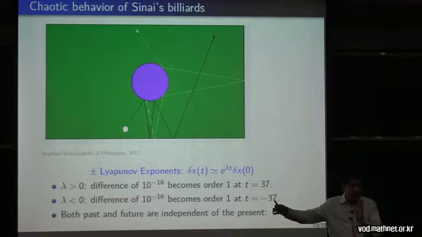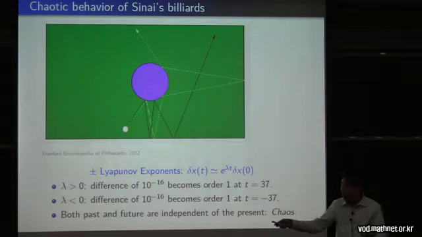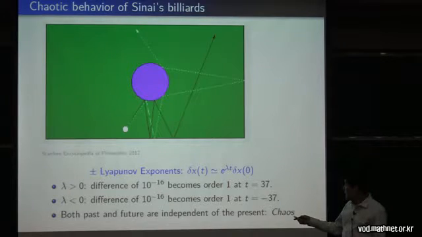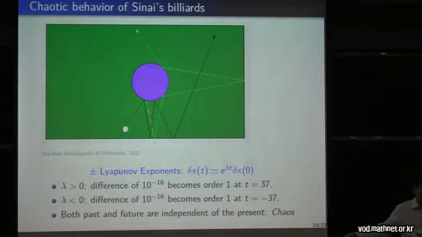They only know numbers up to the 10 to the minus 16th digit. So at that point, you don't have any more space to store. And if we have a difference of that much, actually at time 37, if we iterate something, then the difference here becomes order 1. All right? So you've changed a number just because of the accuracy of your computer by iterating something 37 times.